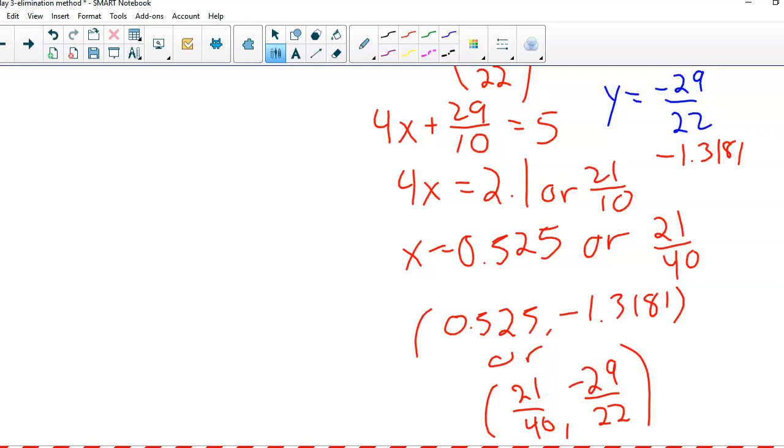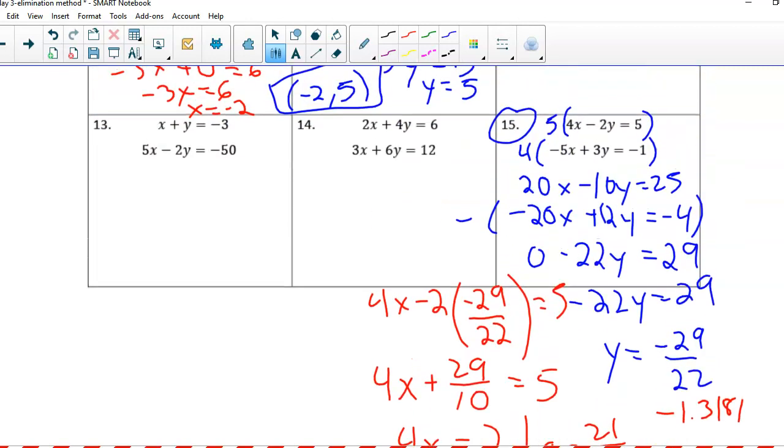Right? So you have, yes. Where? Here. So, because it was negative, no, we were supposed to add. Because if we subtracted, that wouldn't have been 0.